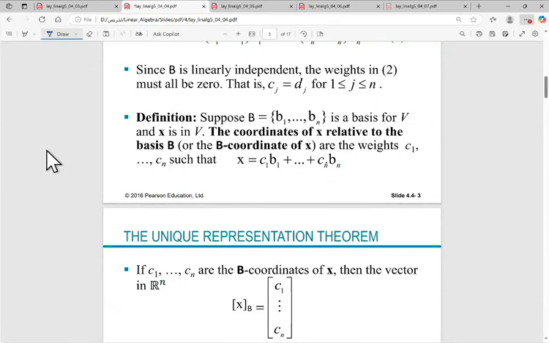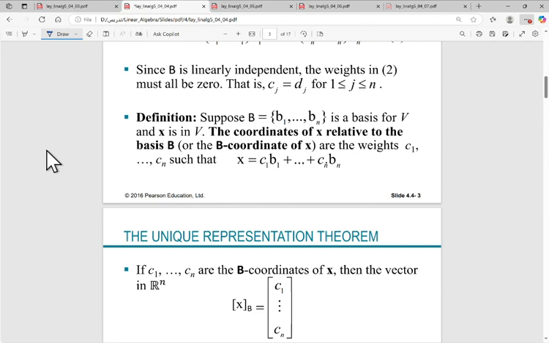So this unique linear combination, or this unique representation of each vector x, is called its coordinate vector, or its coordinate relative to the basis. All right, so you have a basis, you have a vector like x.